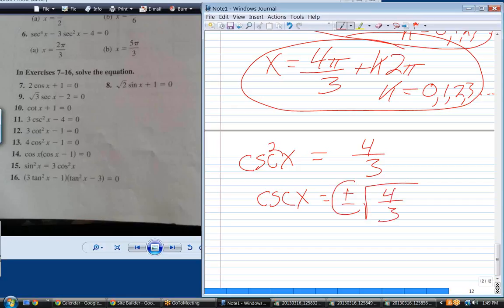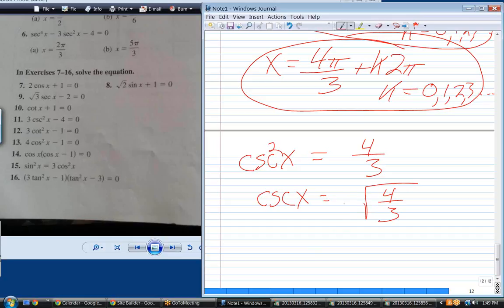Plus or minus is very important because the plus is going to give you 2 solutions and the minus is going to give you 2 solutions. So there's actually going to be 4 solutions to this. And if I leave out that plus or minus, you're only going to find 2 quadrants where this is true. So you'll miss half of the solution.